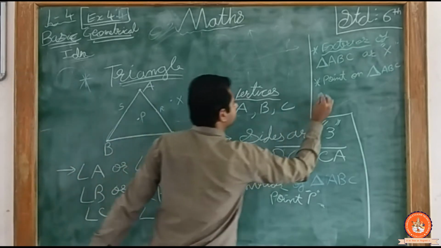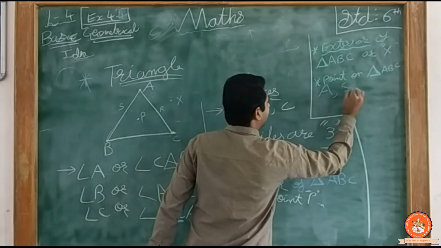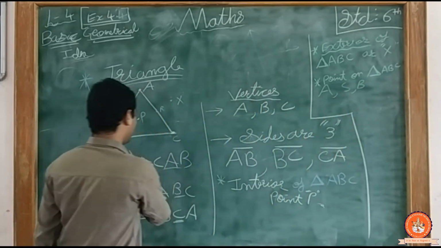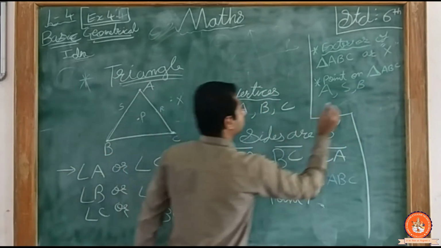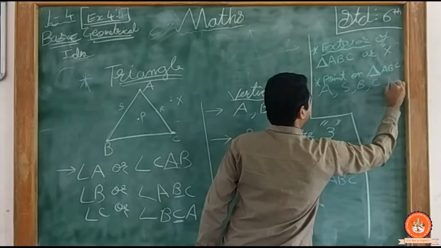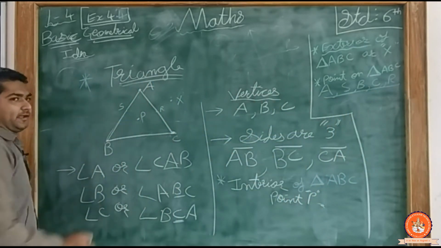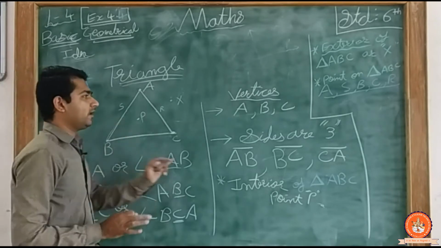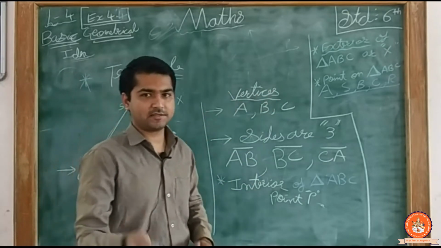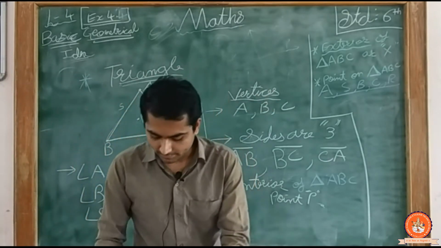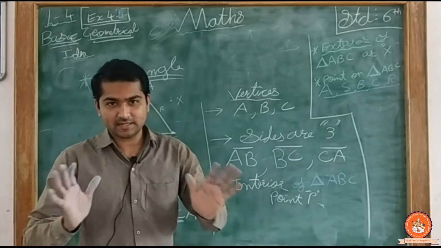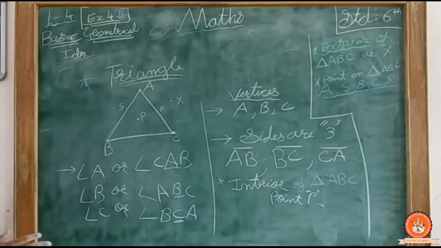S, B, then C, R. C and R are the points on my triangle. So this is my concept of interior, exterior and the points on the triangle. So this is clear to everyone. Now write this much.